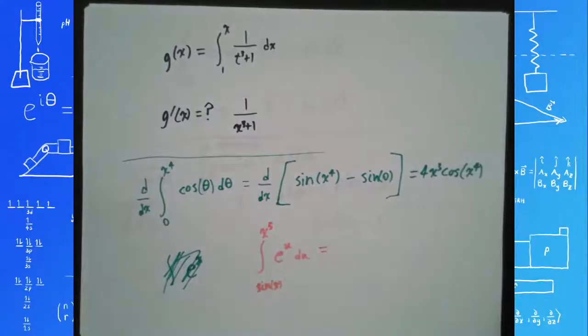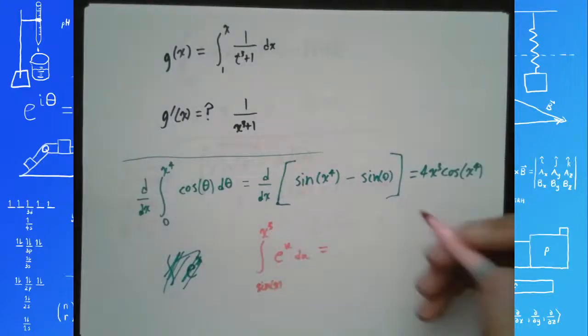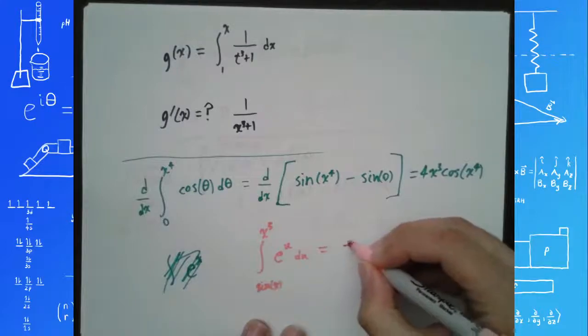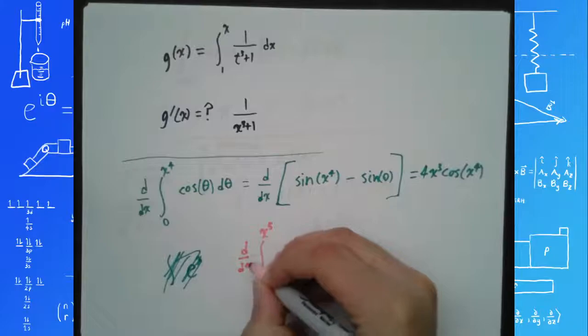Okay, the antiderivative of e to the u is e to the u, evaluated from sine of x to x to the 5. Oh, and I forgot, we're taking the derivative of this.